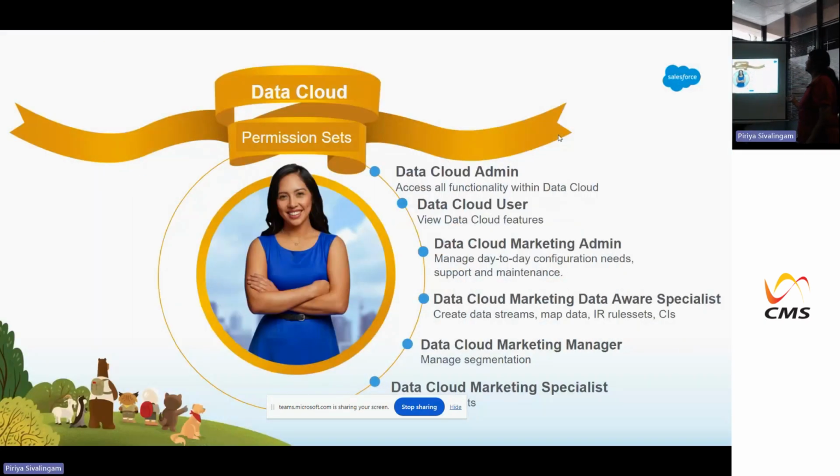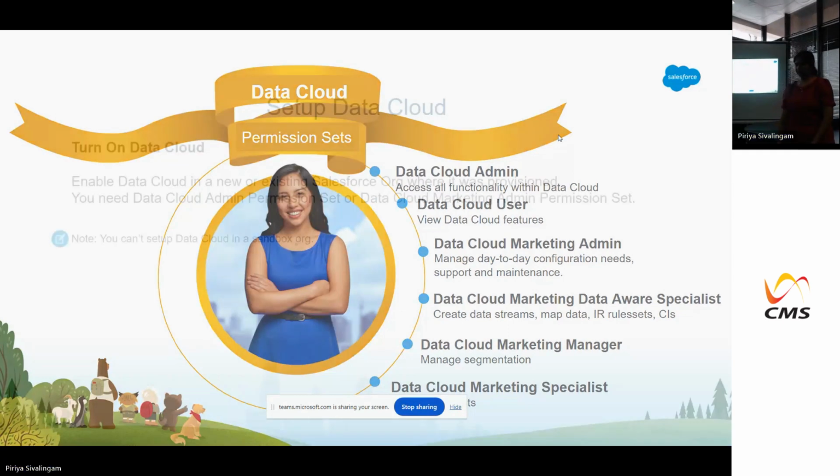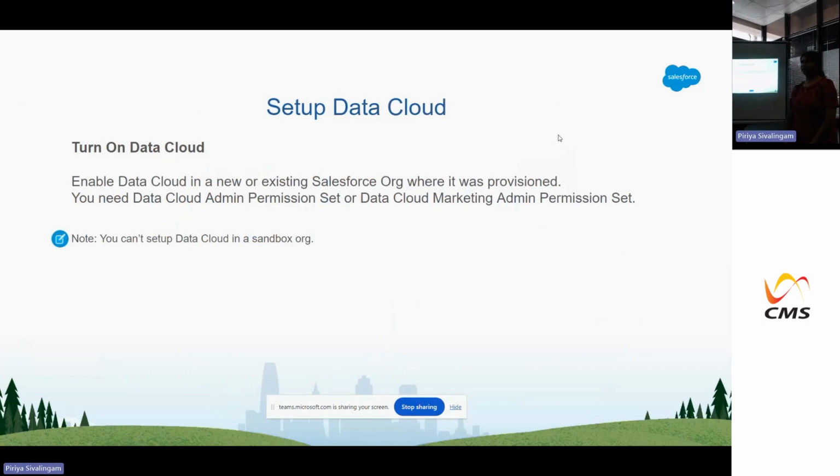So these are the 6 standard Data Cloud permission sets. Hope you all are familiar with Salesforce Data Cloud permission sets. These are also similar to that. Right. So let's quickly see how we implement Data Cloud.